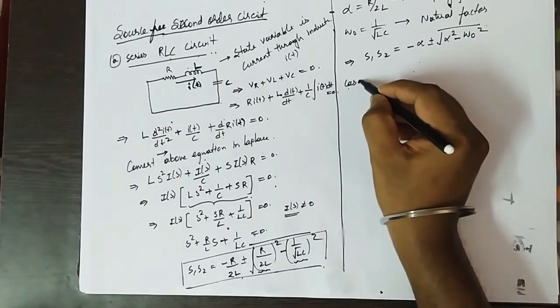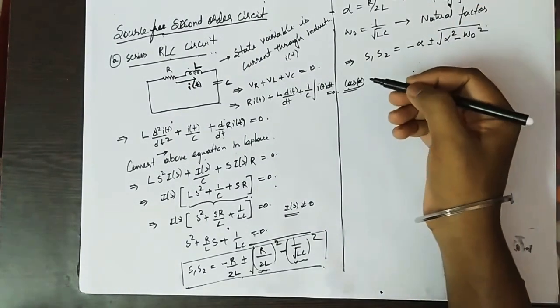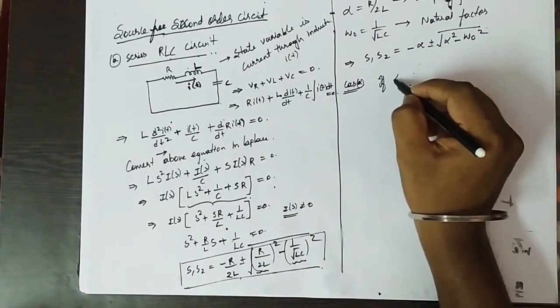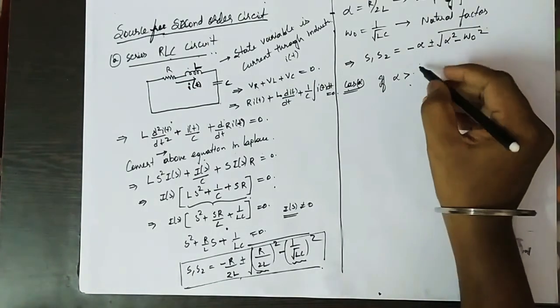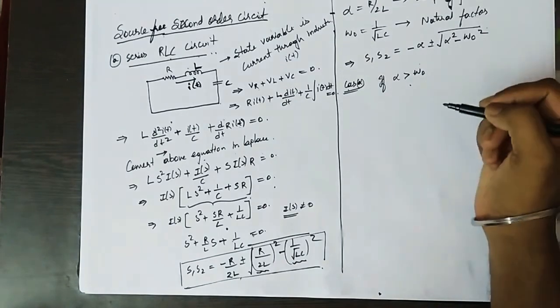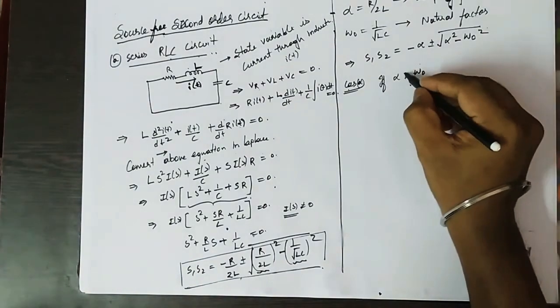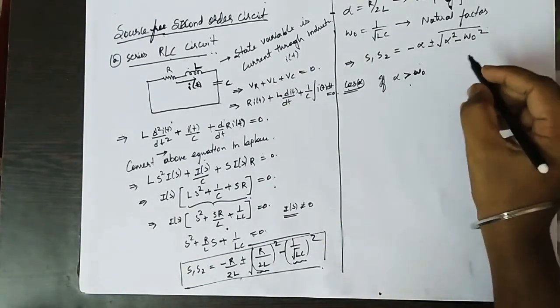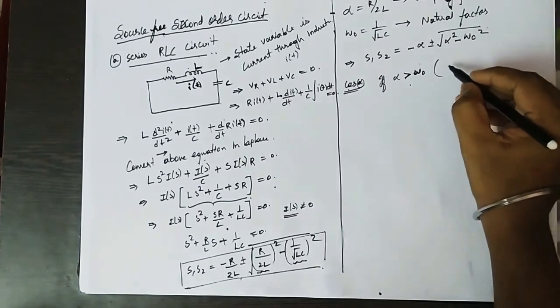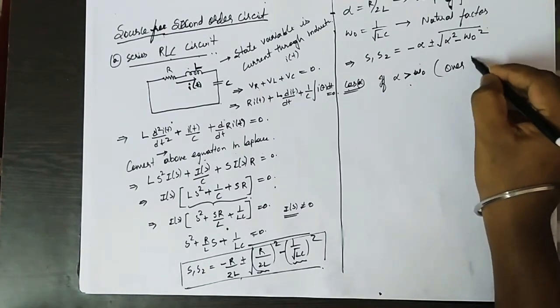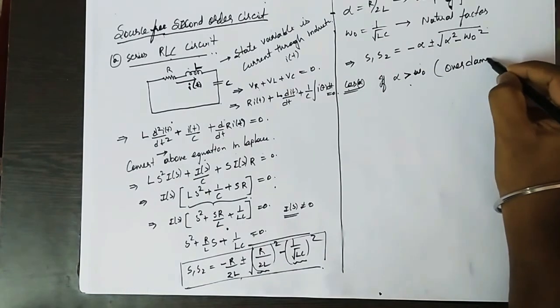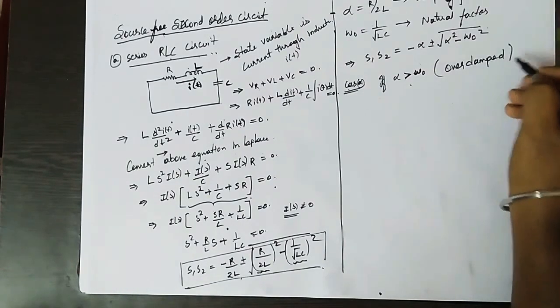Case A: if the damping factor is greater than the natural frequency, that is, damping factor greater than natural frequency, you will get the response as over damped.